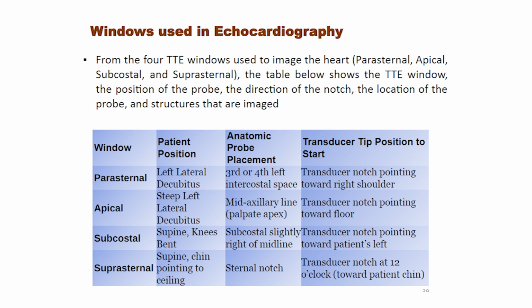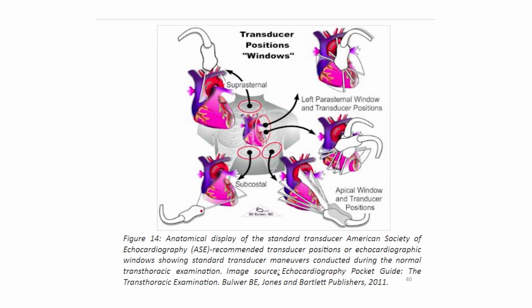Figure 14 shows the anatomical display of the standard transducer. American Society of Echocardiography recommended transducer positions and echocardiographic windows show standard transducer maneuvers conducted during the normal transthoracic examination.